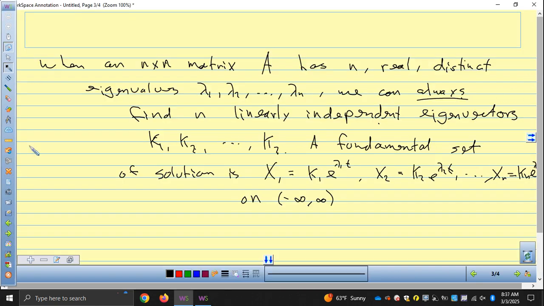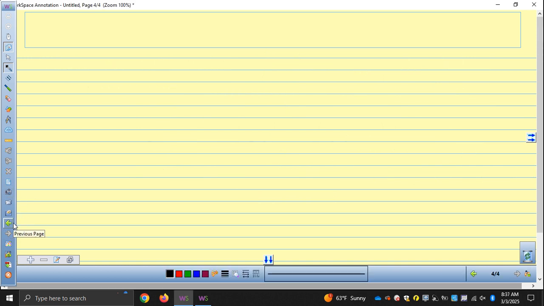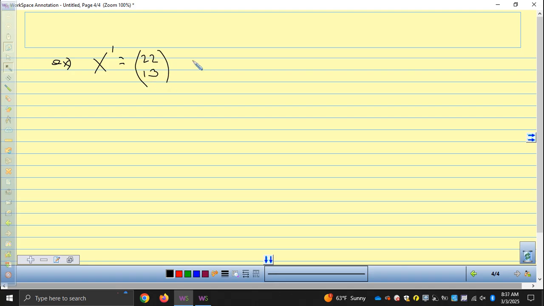Once you do the procedure a couple of times, it's very mechanical. So let's look at the example that we gave the solutions to before. So let's look at x prime equals the matrix 2, 2, 1, 3, times x. So we need to find the eigenvalues and the eigenvectors.